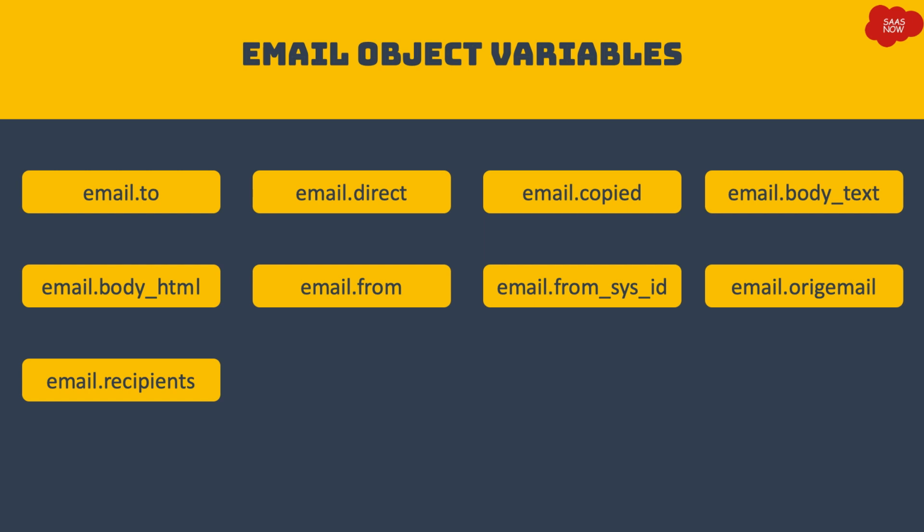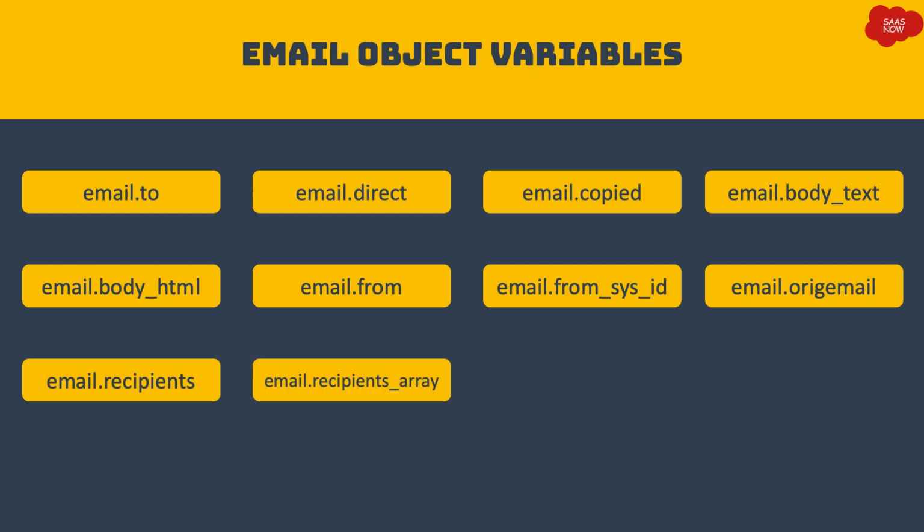Then you have email.recipients. This variable stores a comma separated list of recipients' addresses as a plain text string. So whatever recipients the system has sent to, you can get them in this particular variable.